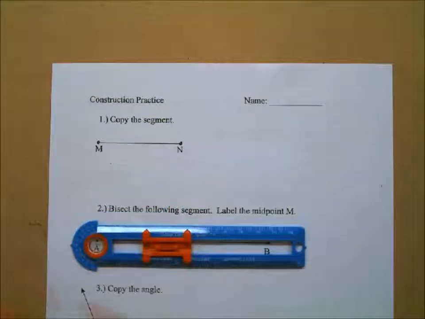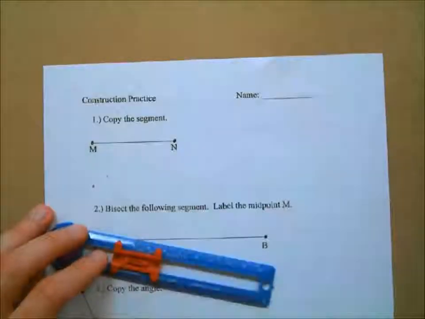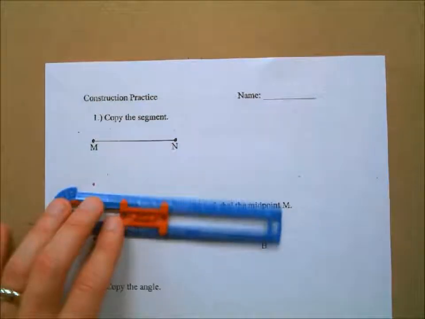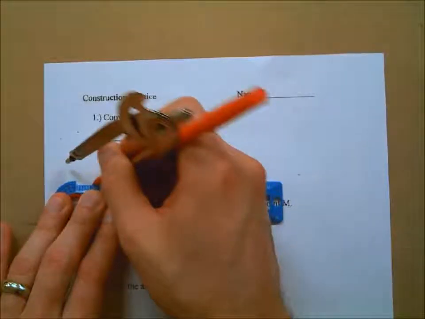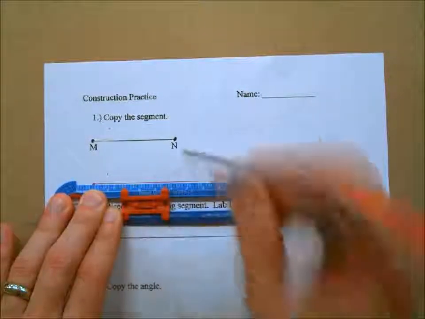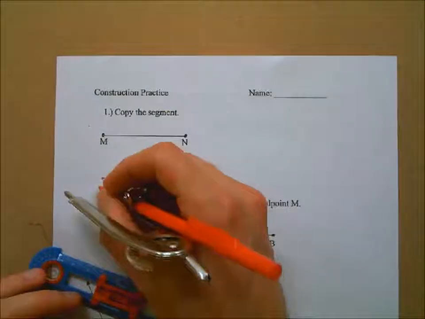To copy a segment, the first thing you're going to do is start by drawing a point, okay, like so, and then drawing a ray from that point that's longer than the segment that you're trying to copy. Okay? So a point to start, and that point we're going to call M, since that's what we're trying to copy here.